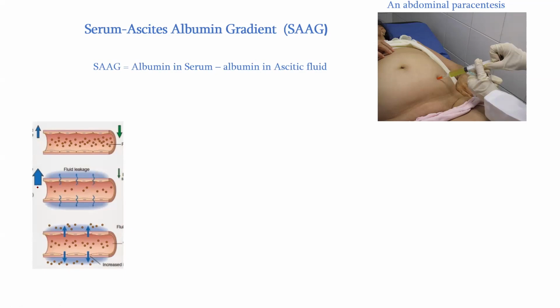If ascites is due to an imbalance between hydrostatic and oncotic pressures, where hydrostatic pressure is elevated and oncotic or colloid osmotic pressure is decreased, there is transudation of fluid, and there is a very low albumin level in the transudate. And if the leading mechanism is increased vascular permeability, this fluid is albumin rich.